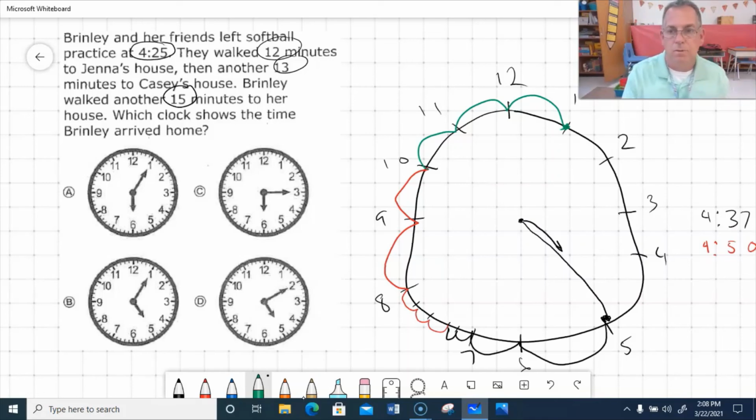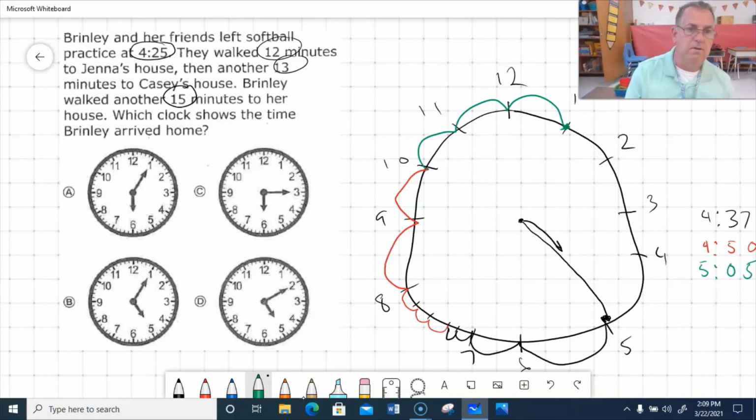Yep. That would be, say, past the 12. So it wouldn't be 4 anymore. That'd be 5:05, or 5 minutes after 5. So let's go ahead and look at the clocks here and figure out which clock would show 5 minutes after 5.